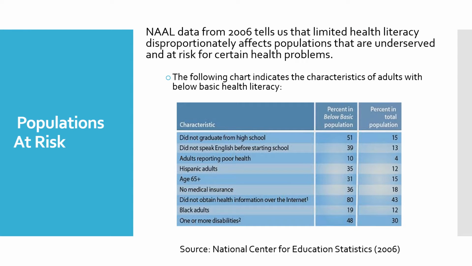Given the current healthcare system in place, there are certain populations that are at risk. The National Center for Education Statistics tells us that limited health literacy disproportionately affects populations that are underserved and at risk for certain health problems.